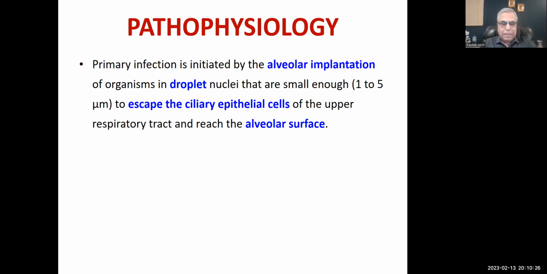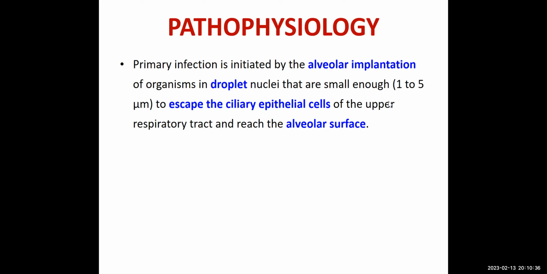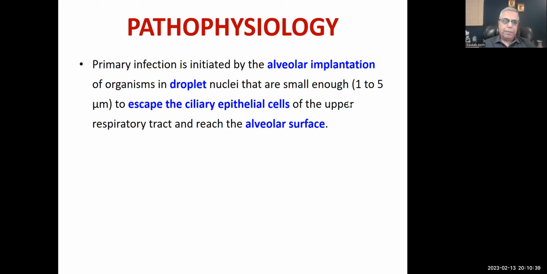But some droplets, particularly if they are in high concentration, may be small enough, 1 to 5 micron or whatever. They may escape the ciliary epithelial cells. They may not come in contact because the ciliary epithelial cells and the mucus secreting cells and the goblet cells are secreting mucus, and mucus is very sticky.